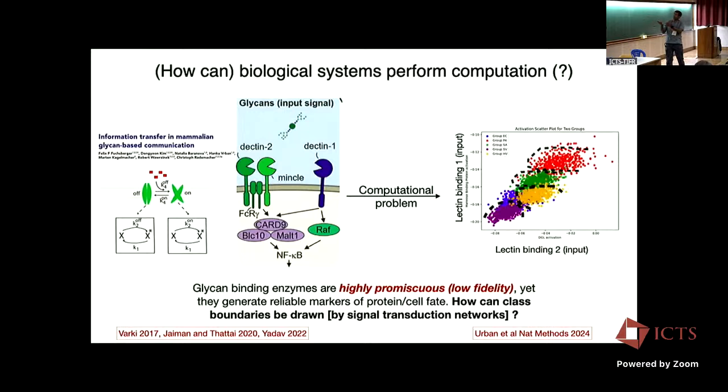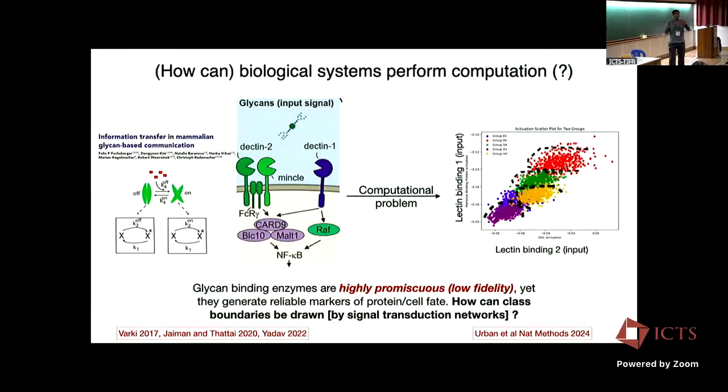And I'm posing this as a computational problem in which I somehow need this signal transduction pathway to be able to distinguish, to be able to say that this blob is actually composed of 5 different subblobs, and I wanted to draw boundaries. So if I contrast this with what I showed in the first slide, I had a very simple 1D setup where I just had a sigmoid curve and I had low and high.